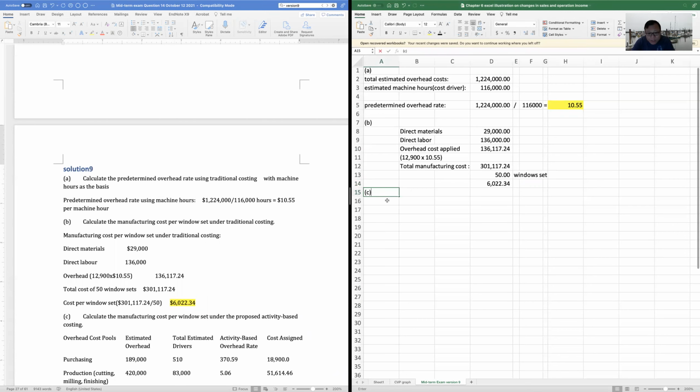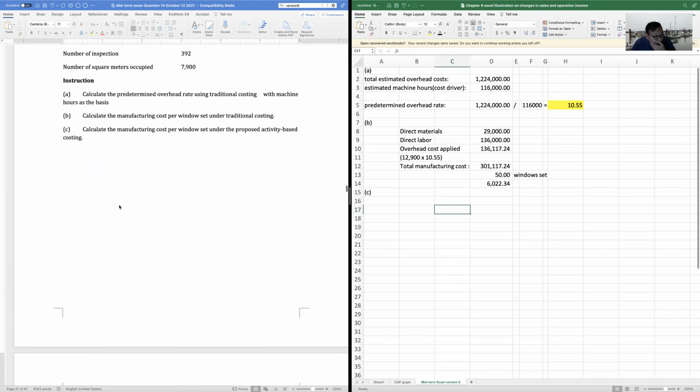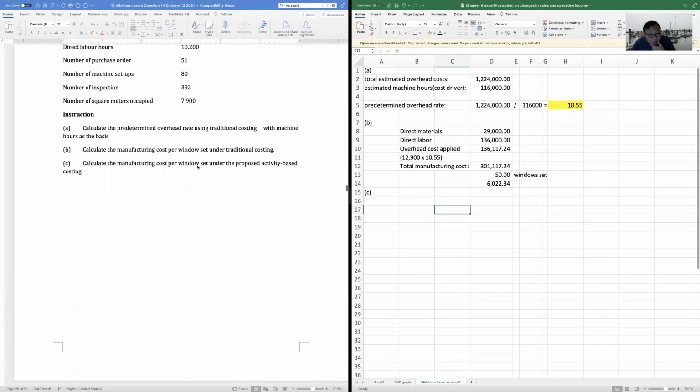Okay, so that's the question B, and question C: calculate the manufacturing cost per window set under ABC costing. Right? This was the traditional costing, and now for C, we want to do ABC costing. And remember, there are 4 steps.